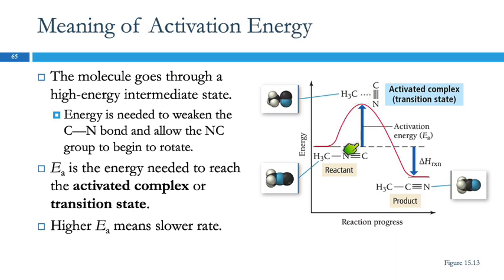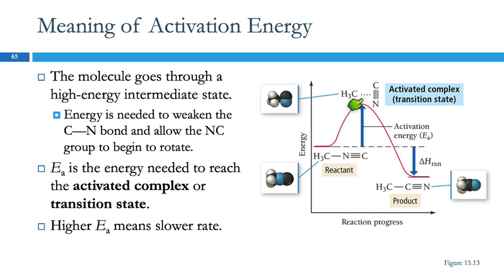So the activation energy is the amount of energy needed to get to that state, where it could go either way now. It's like halfway. It could go back, it could go forward. The energy needed to reach the activated complex or transition state. So this is the activation energy again.